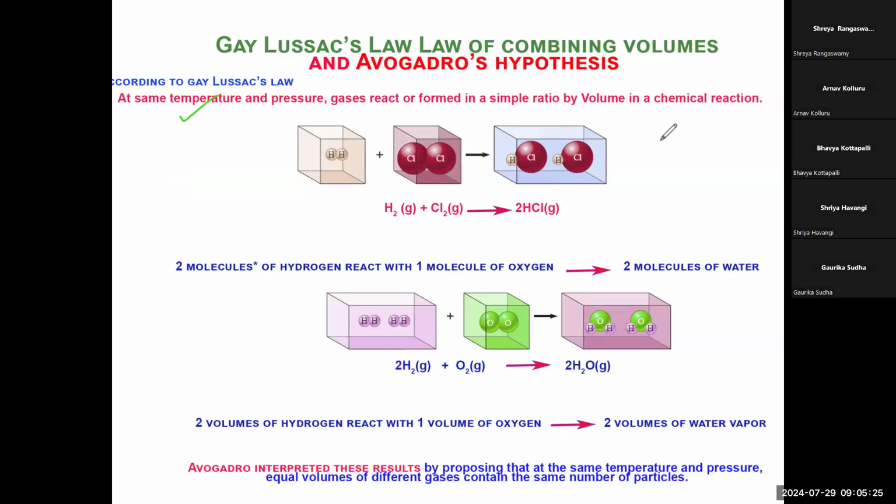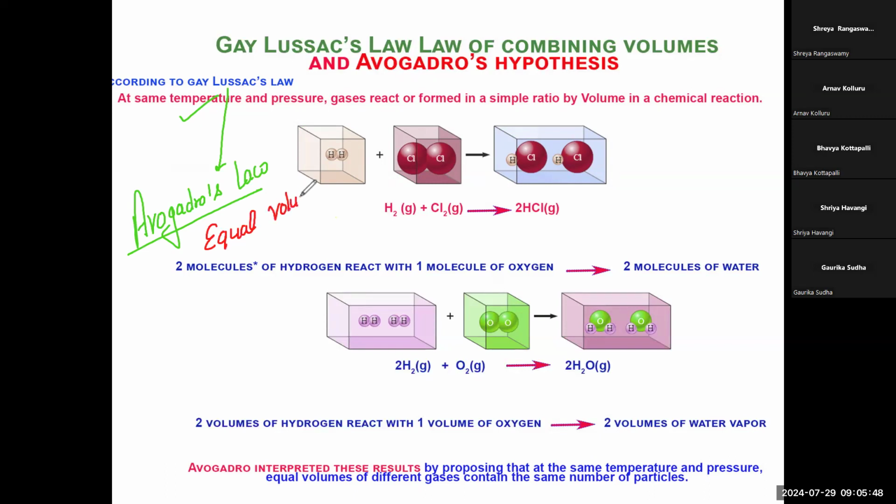So what is Avogadro's law? Gay-Lussac's law is this, but now I'm converting this into Avogadro's law. You're already aware of Avogadro. You have done Avogadro's number. So what is Avogadro's law? Write down this law, or it will come again in unit 3.